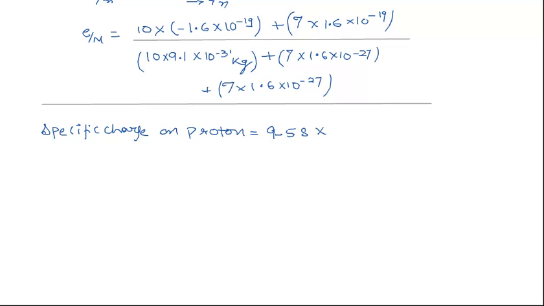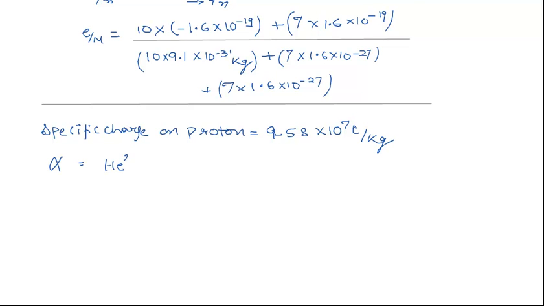It is 9.58 into 10 to the power 7 coulombs per kg, right?